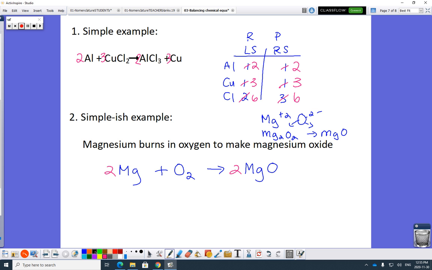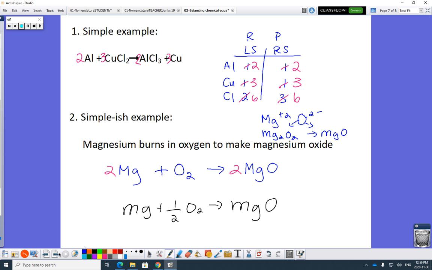Some of you might have written this fraction. That's fine too, but it's not an expectation. You do not need to use fractions. This is still reduced: 2, 1, 2. Just like before, if you write the 1 in here, that's fine, I won't take marks off, but you don't have to. It's sort of understood. It's not 0, it's 1.